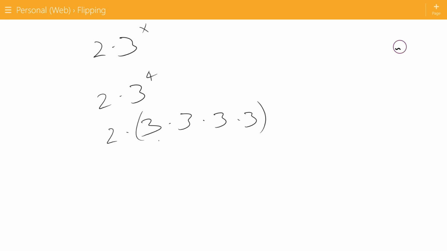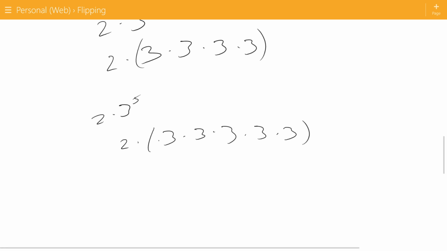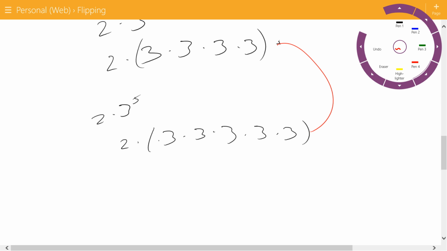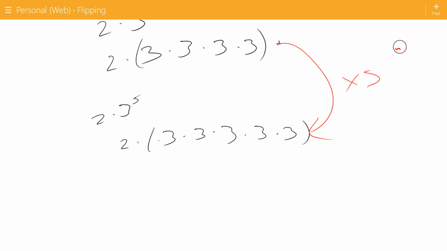Compare that to 2 times 3 to the 5th, which is almost the same thing, except now I've got 5 3's. So if we wanted to go from this value up here to that one down there, multiply it by 3, because you've got one more 3 down here than exists up there. That's what keeps changing. That's what exponential functions are. You keep multiplying by a number.